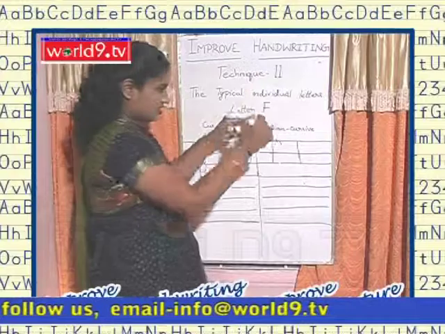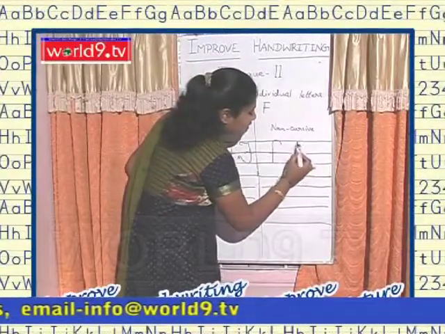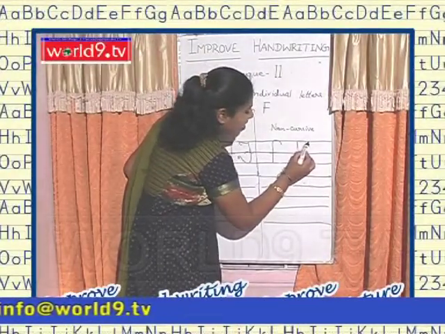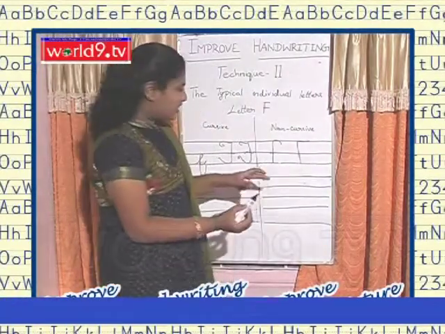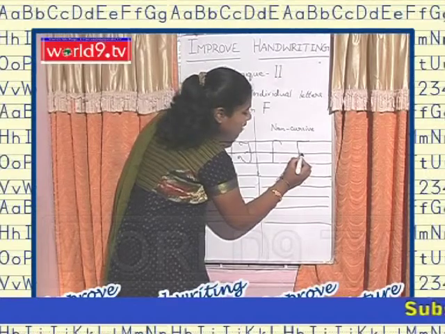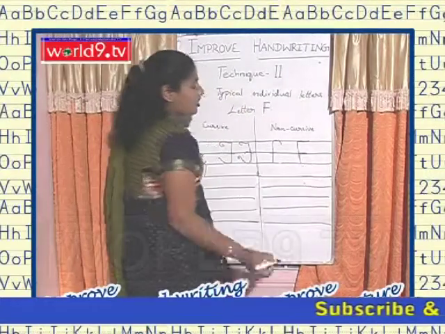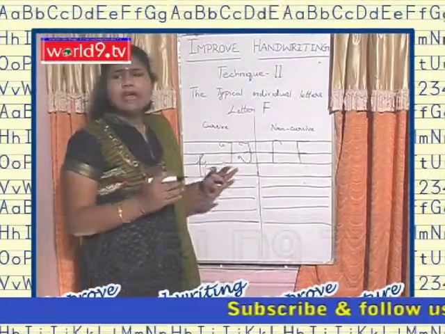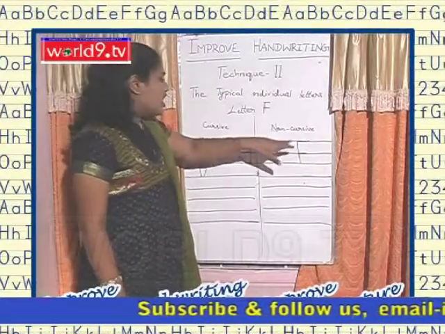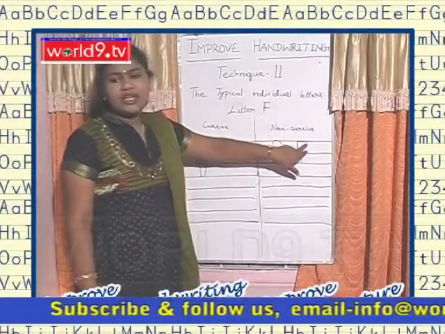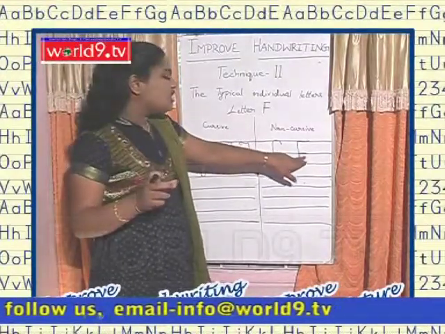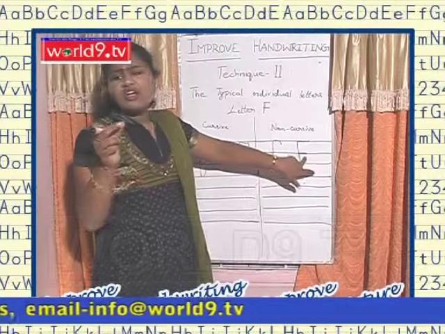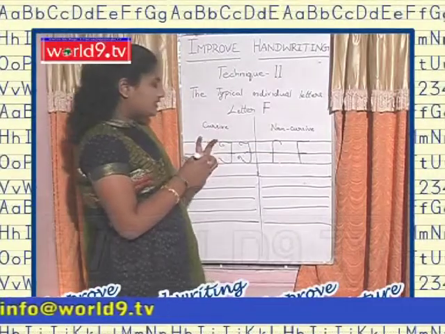See, a straight line from upwards to downwards, and you should keep one line of 1 inch, and the second line must be half an inch. This is the same as the E method. The upper line is however much you write, and the lower line must be half of the upper line. Okay, this is F.